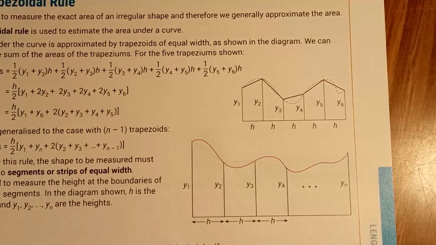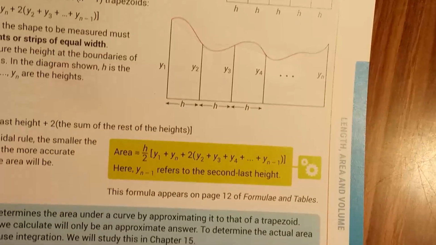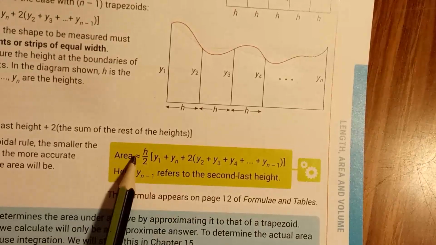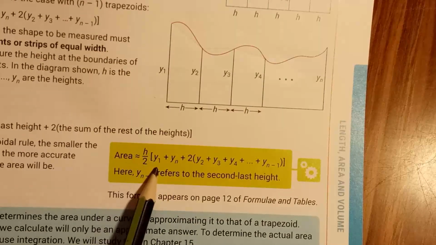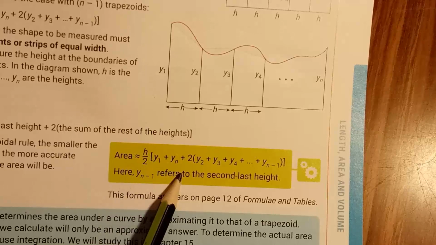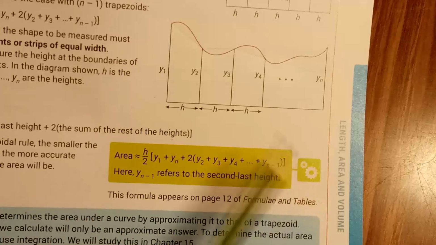The formula is on page 12 of the Formula and Tables booklet in the format that it's in the green box there. It says the area is approximately equal to, so the squiggly equal lines mean approximately equal to, h over 2 times y1 plus yn plus twice y2, y3, y4, all the way up to yn minus 1.